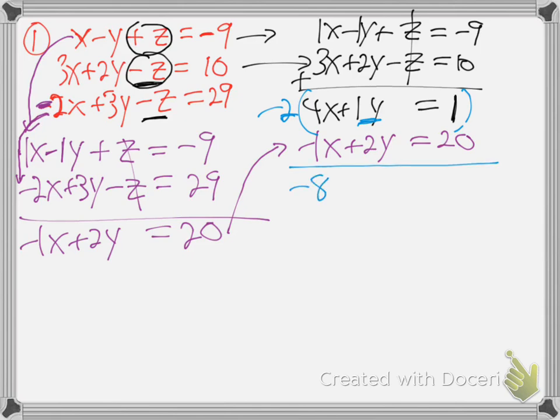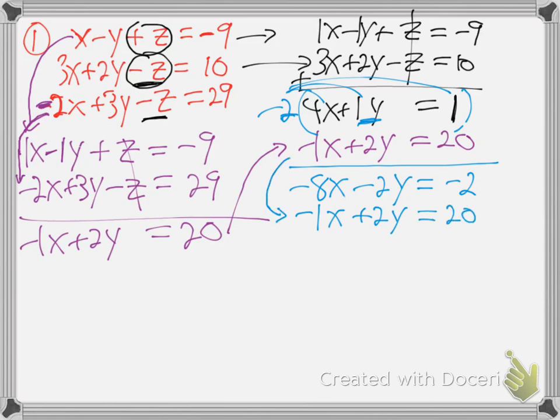So this will get minus 8x minus 2y is minus 2. And the bottom equation, minus 1x plus 2y is 20. Bring it down. Add those up. Minus 9x. These cancel. 18.